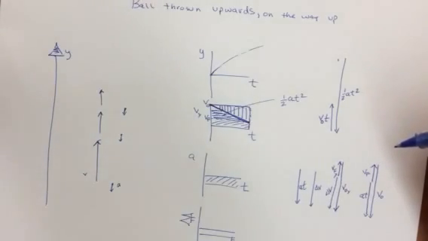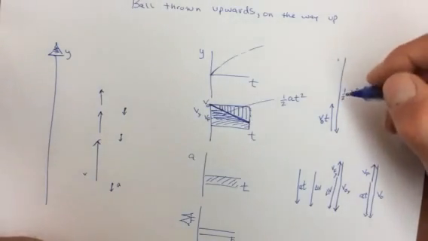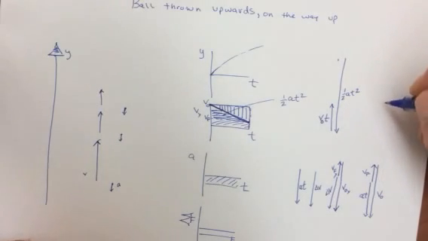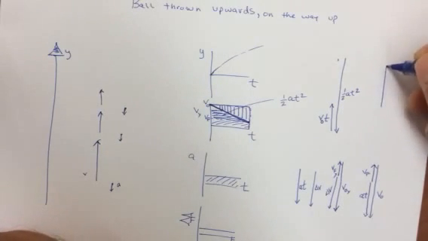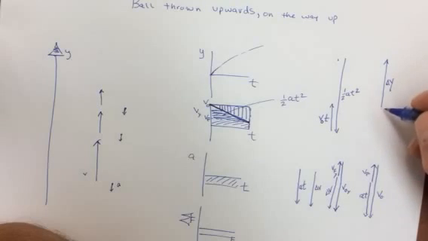Now something's wrong, because what am I doing wrong? My displacement should be up, right? So my displacement needs to be up. I think I got this backwards. My displacement goes up. That's delta y. My v naught t, my initial velocity, is up, but my acceleration is down.